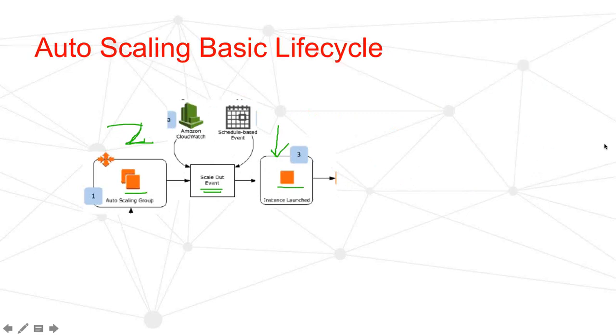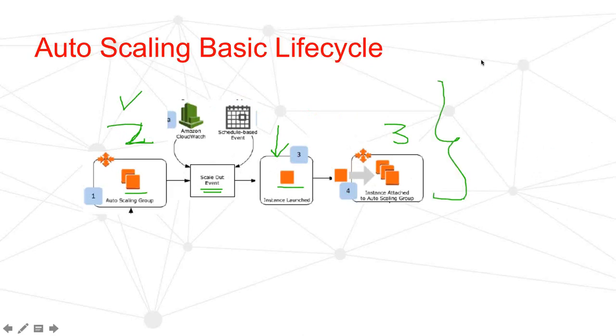Once this extra instance is launched, it is appended to your auto scaling group, and now previously you had 2, now you have 3 instances. So you have increased the size of your auto scaling group from 2 to 3. So this entire thing is my scale out event. Right.